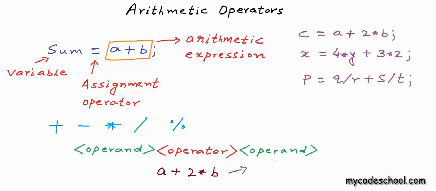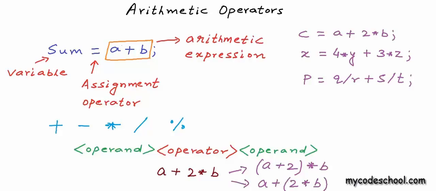If we are performing the addition first, then for addition the operands are a and 2, and for multiplication the operands are a + 2 and b. But if we are performing the multiplication first, then the operands for multiplication would be 2 and b, and the operands for addition would be a and the expression 2 * b.